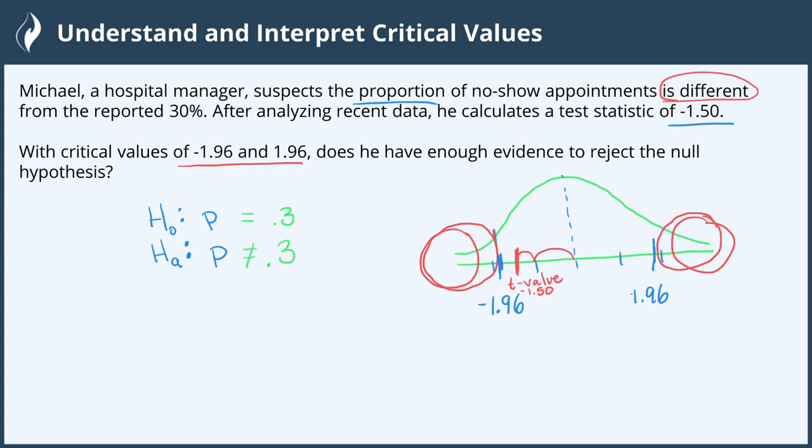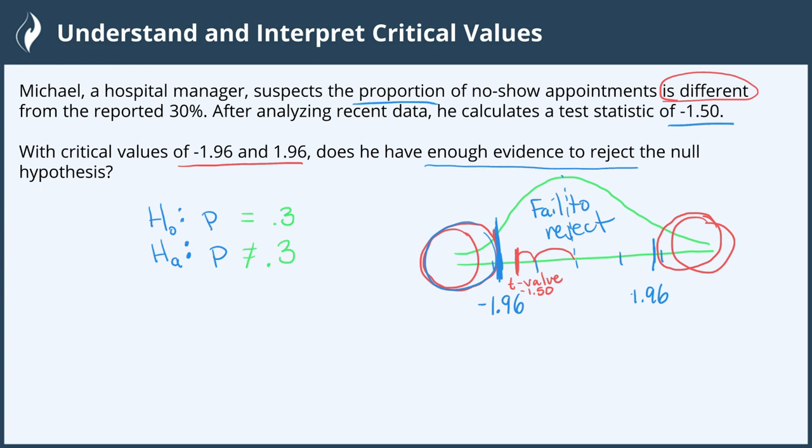That means it is not falling outside of our fail to reject zone, meaning it's falling enough in the norm that it is not in this rejection region, this cutoff, this line that says it's too far gone.